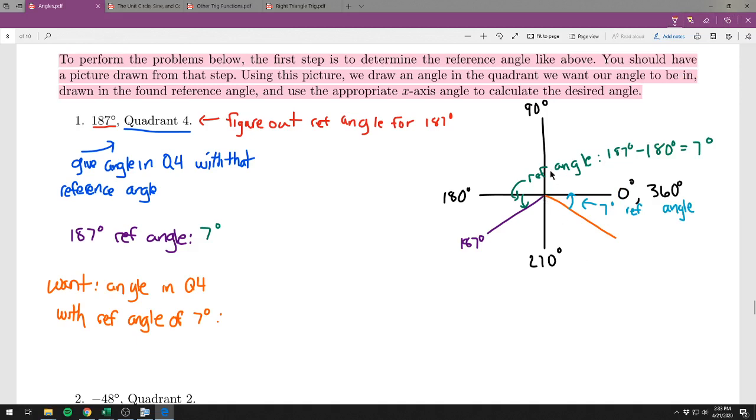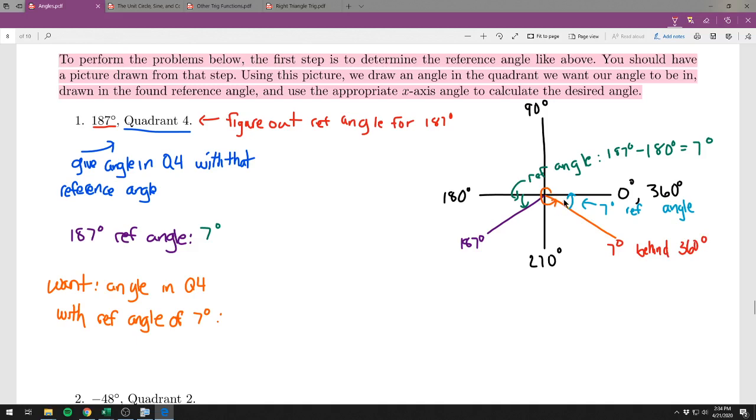Okay. So the way we can figure out what our angle here is, our orange angle here, is think about the opposite way, right? We know the angle it's going towards is 360 degrees, and it's 7 degrees behind it. Remember, the reason we say behind is because positive is counterclockwise.